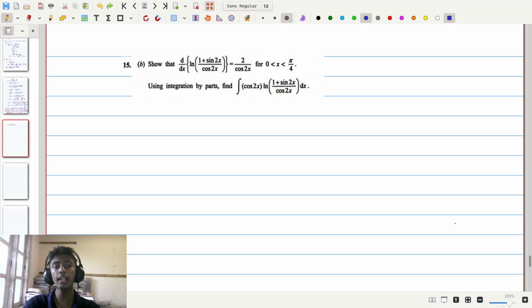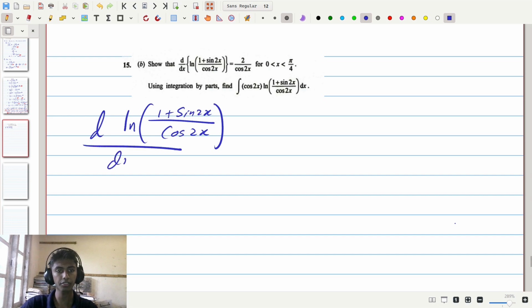So now let's start this question by first showing that the derivative of the natural logarithm of (1 plus sine 2x) divided by cosine of 2x is equal to 2 over cos 2x for the range of x between 0 and pi by 4. To start, consider the derivative of the natural logarithm of (1 plus sine 2x) divided by the cosine of 2x with respect to x.